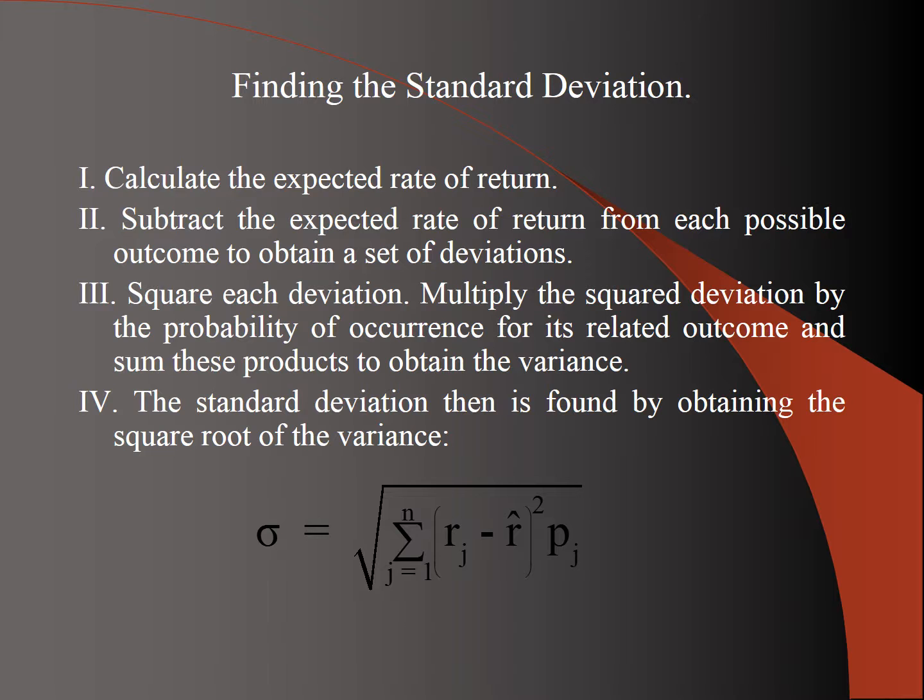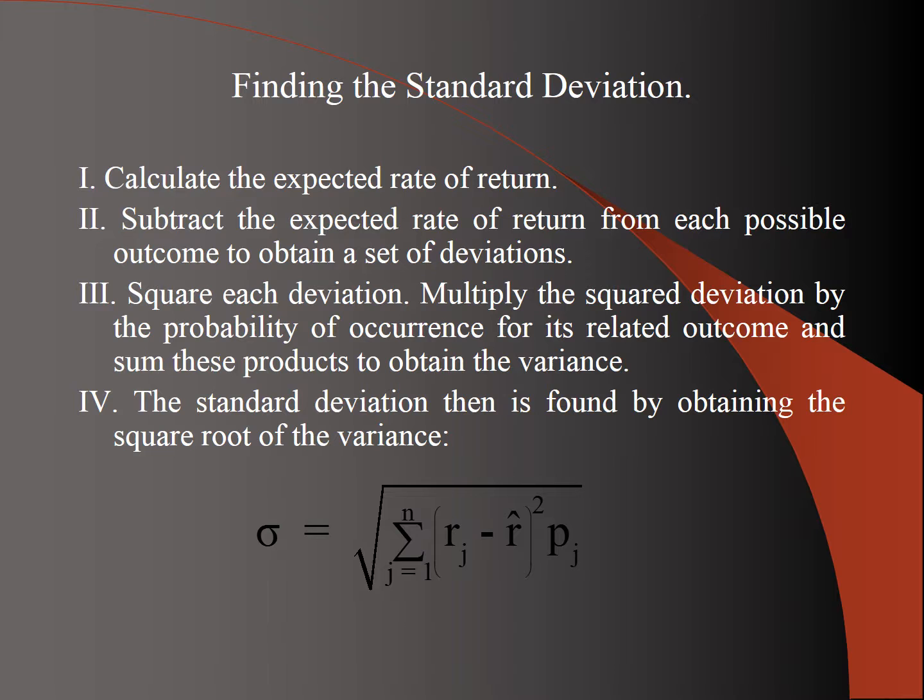Alright, so first step, you've got to calculate the expected rate of return, which we've already done for both Kelly Services and US Telephone. The second step is we want to subtract the expected rate of return from each one of those projected returns for the 3 states of economy for the stock, and I'll show you that in just a minute.